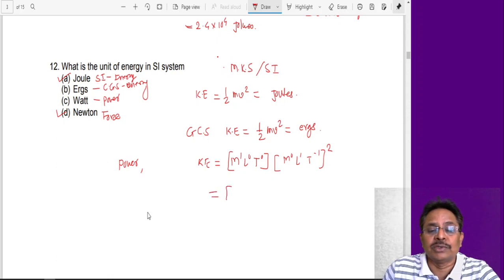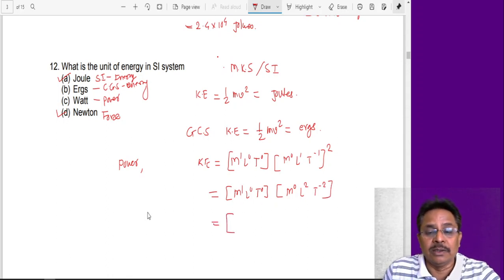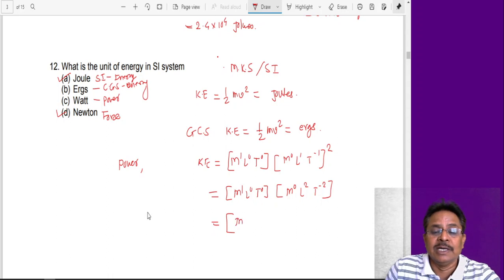So with this simple calculation, M¹ L⁰ T⁰ times M⁰ L² T⁻², the final expression for its dimensions will be M¹ L² T⁻².